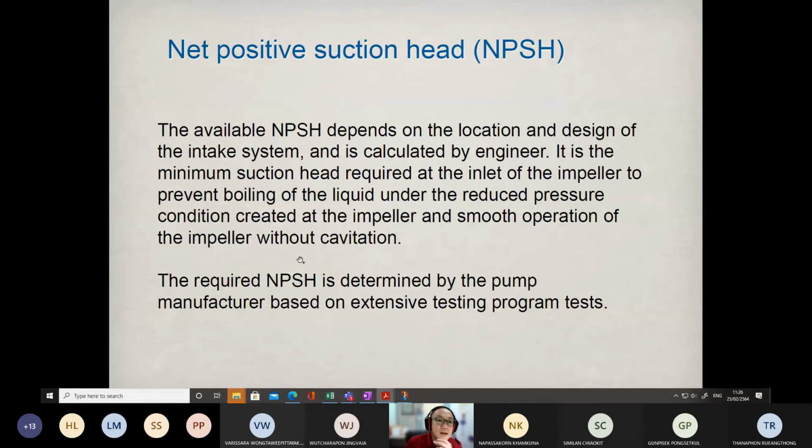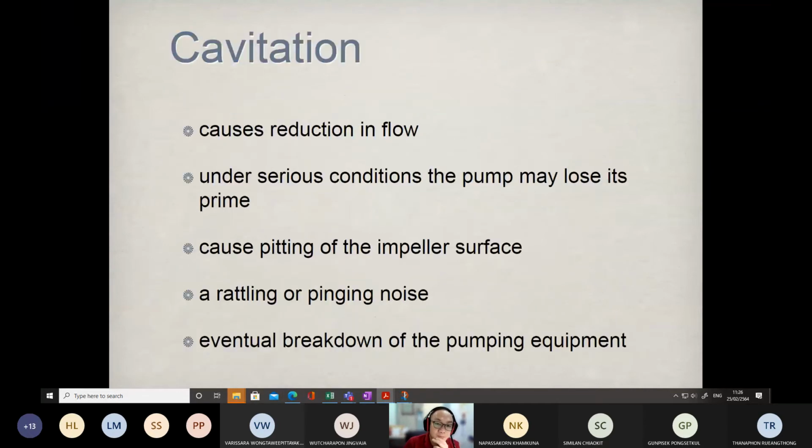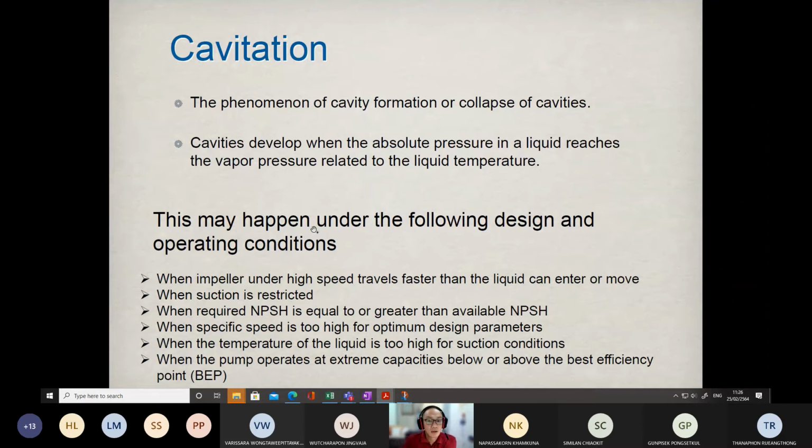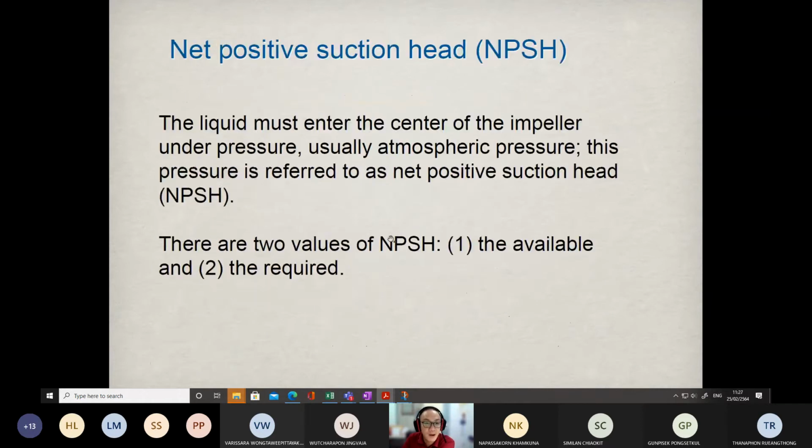Another thing which is involved in pumping installations is the parameter called the net positive suction head.